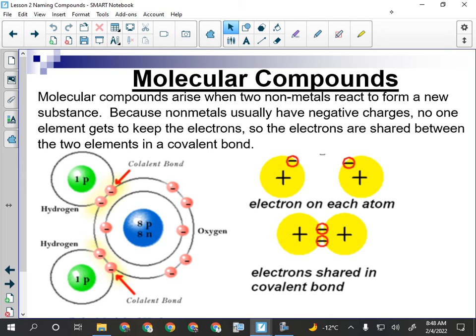But with molecular compounds, there's no balancing of charges. All nonmetals have negative charges. There's no way to balance the fact that everybody needs electrons to fill their outer shell. So the only way to do it is to share them. If you're sharing them, then you depend on that other element, or person, to give you that electron.